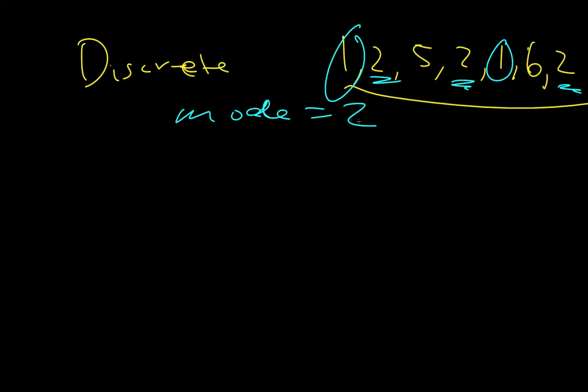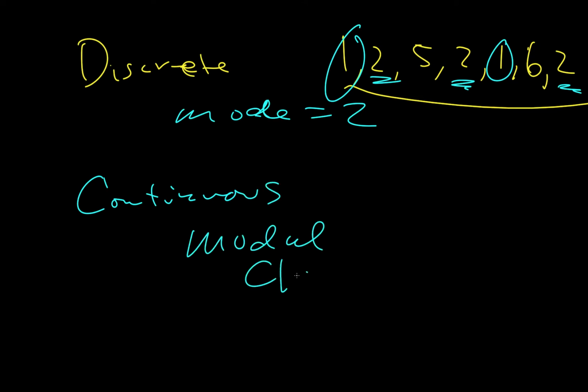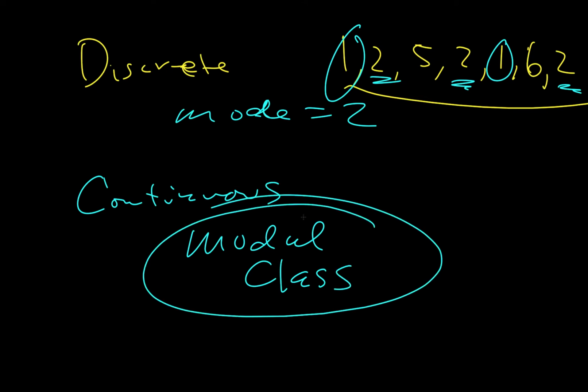For continuous data, we can't talk about the mode individually, so if it's continuous, we instead talk about a modal class. We've mentioned that in other videos, and so you can go back to those and watch that.